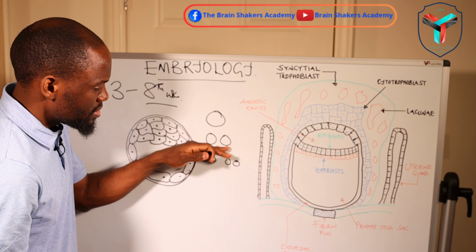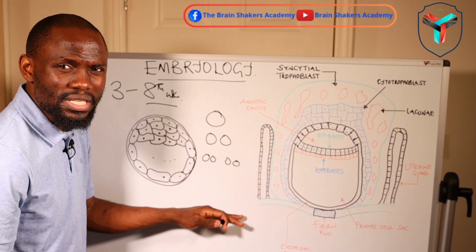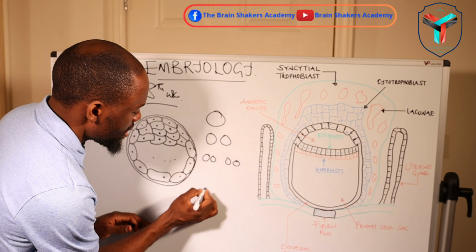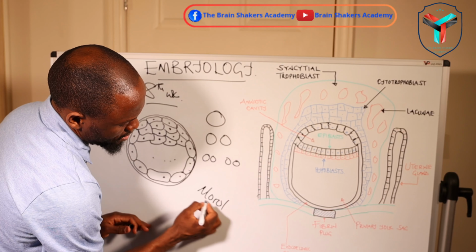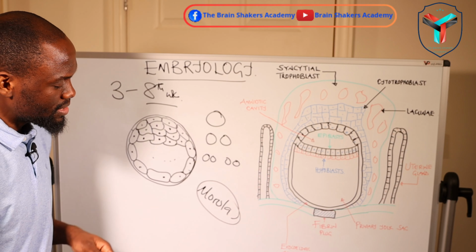So you're at the 2-cell stage, the 4-cell stage, and then you go to the 8-cell stage, and the 16-cell stage. Now, when you reach the 16-cell stage, that is the stage where we call the dividing cell a morula.